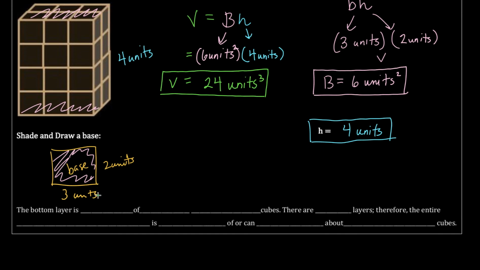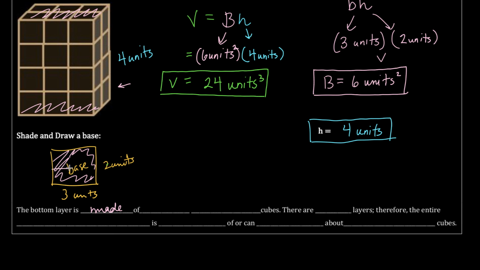So the bottom layer, like this one down here, you see how this one's the bottom. Well, this is the very bottom, but the bottom layer, in pink, right here, is made of 6. You see how the bottom has 6 squares?